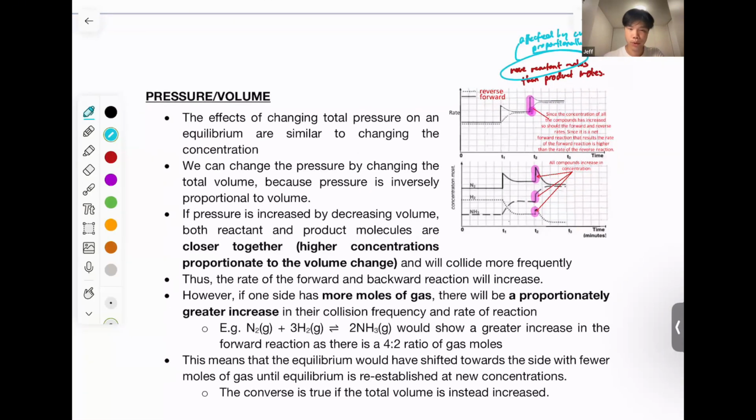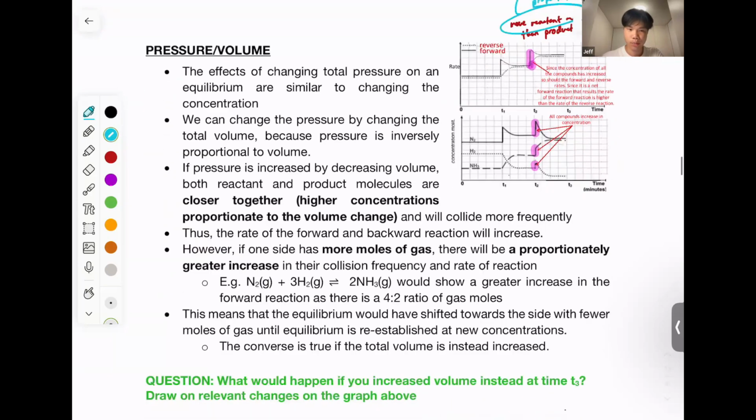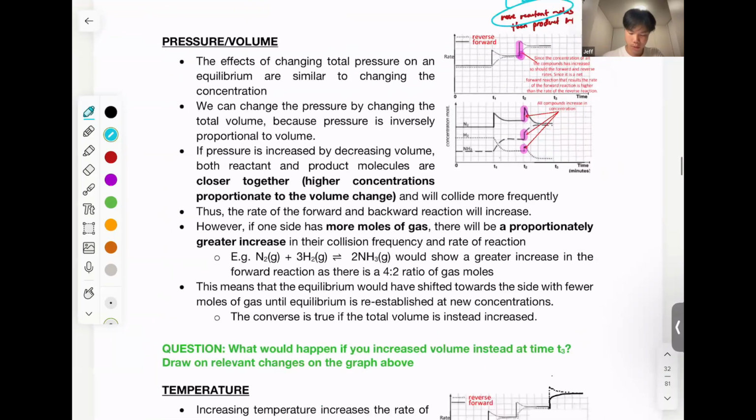And then because the forward is higher than reverse, the reaction shifts right, and eventually you reestablish equilibrium at a point where rates are equal again. Pressure, volume. Any questions there?